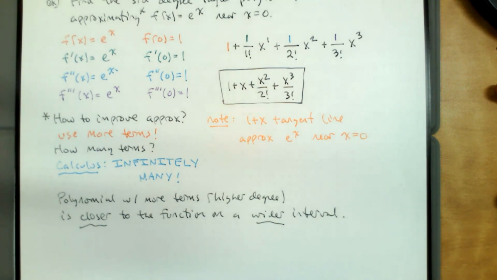Polynomial approximation is better because it's closer in value to the function on a wider interval. So there's 2 avenues of improvement. The approximation can be close to the function, and it's useful over a wider interval.